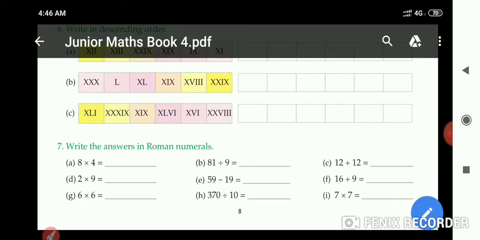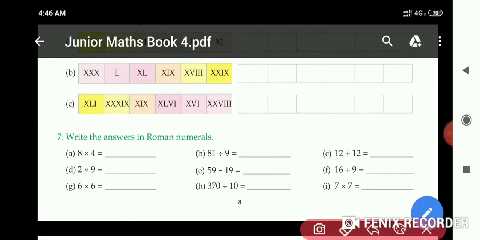Now question number 7. Write the answers in Roman numbers. Question number 7a. 8 into 4. 8 fours are 32. So how to write 32 in Roman numbers? 32. 81 divided by 9. Answer 9 will come. So what will we write? 9. 12 plus 12, 24.